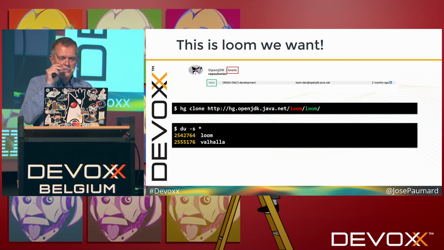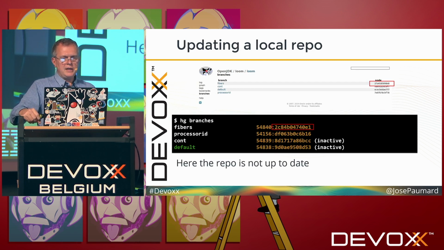So once you've downloaded that, you have the source code, you need to find your branch. To do that, you need to compare the hash of the branch you have on the website with the hash of the branch you have downloaded. And here, for instance, the hashes are not the same, so you need to update your repository. You have that with the hg branches command from Mercurial.